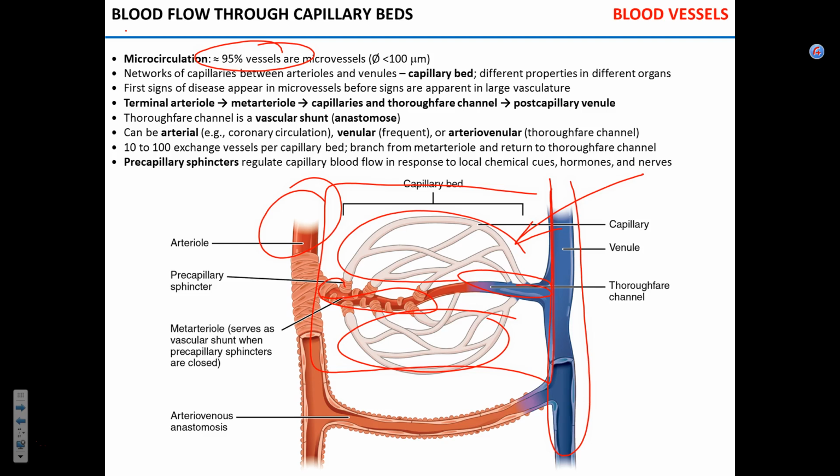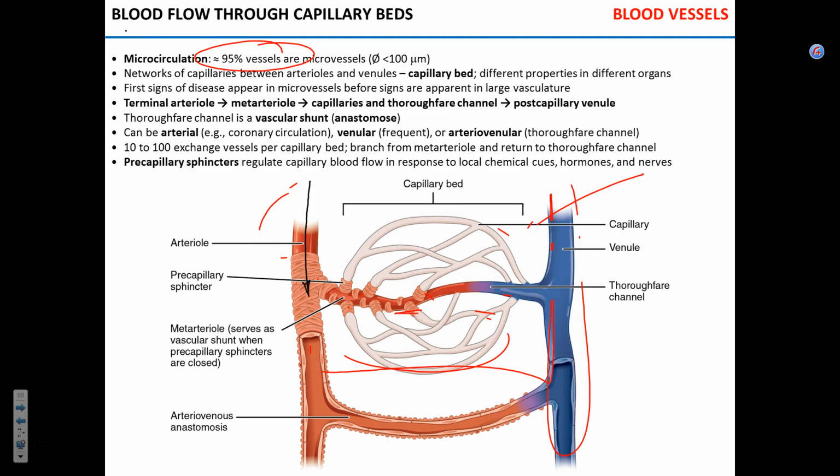So we can kind of forecast the future. So the sequence of blood flow through the microvasculature goes, the terminal arteriole goes first. It's the last arteriole before the bed. Then blood enters the metarteriole, and then it enters the capillaries, not on this picture though, and thoroughfare channel.